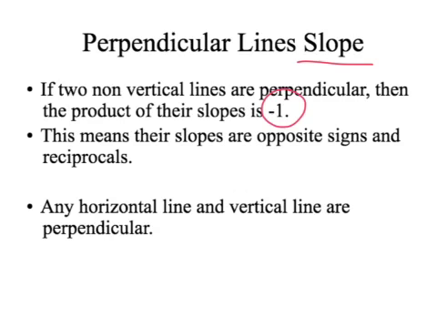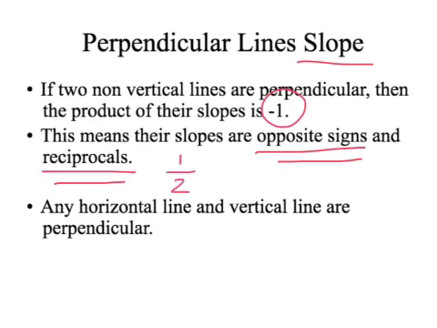Another way to look at this, it means the same thing, but this means that their slopes are opposite signs and they're reciprocals. Opposite signs means that one of the slopes is positive and one of the slopes is negative. Reciprocal means that they're flipped upside down. So reciprocal would be 1 over 2 as the first slope.